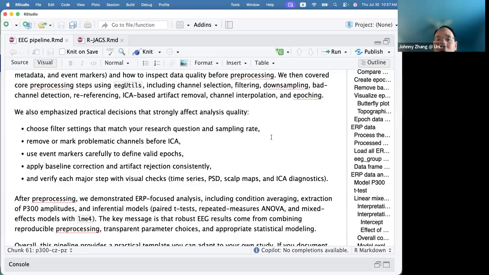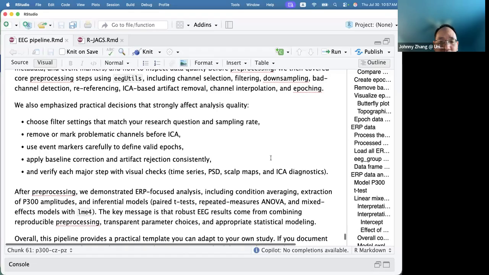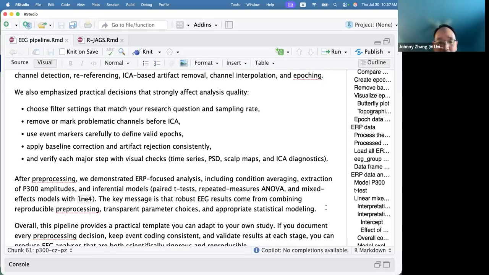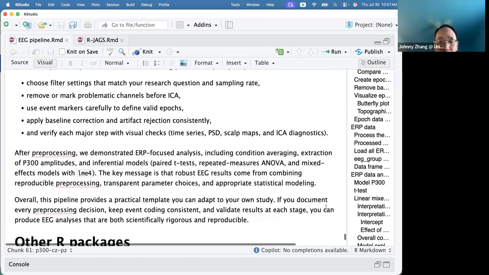So although in this workshop I only showed you how to analyze the averaged epoch data, you can use the same methods to analyze trial by trial epoch data. Okay, you don't need to average your epoch data.